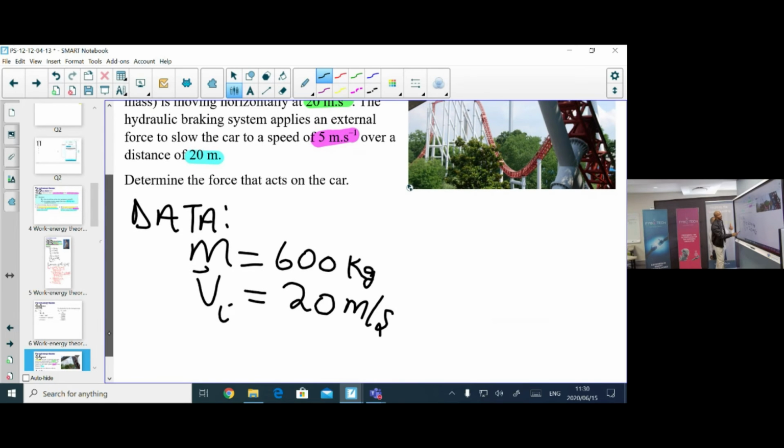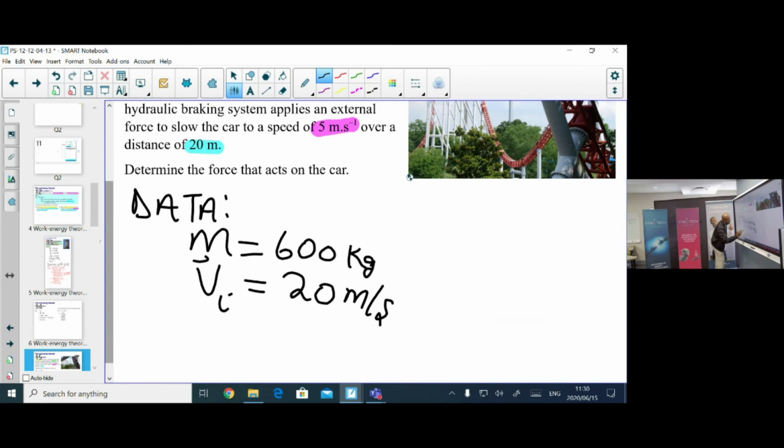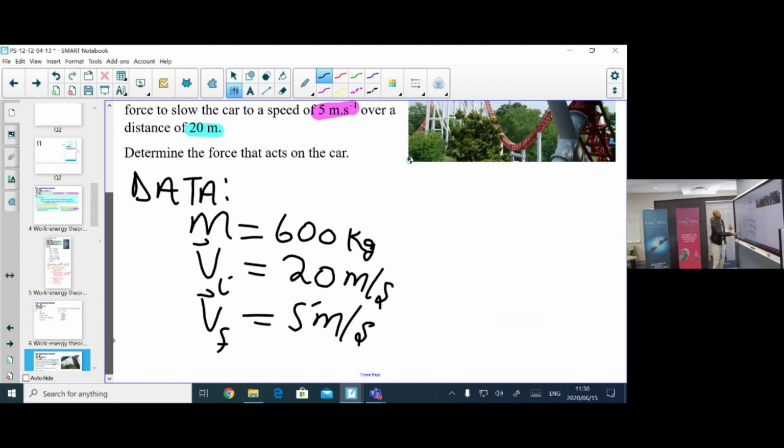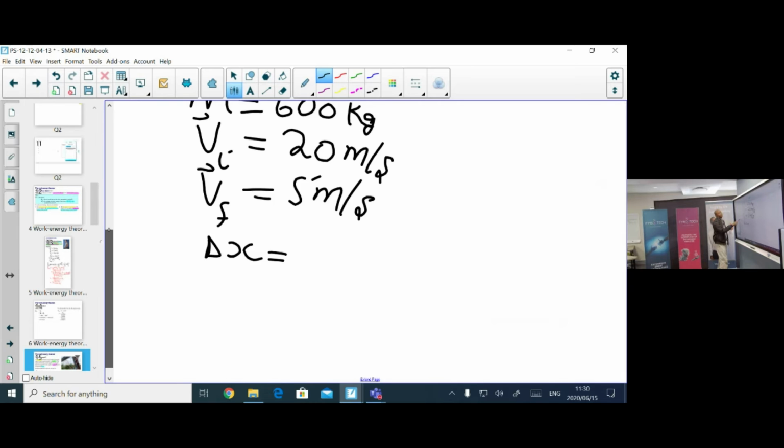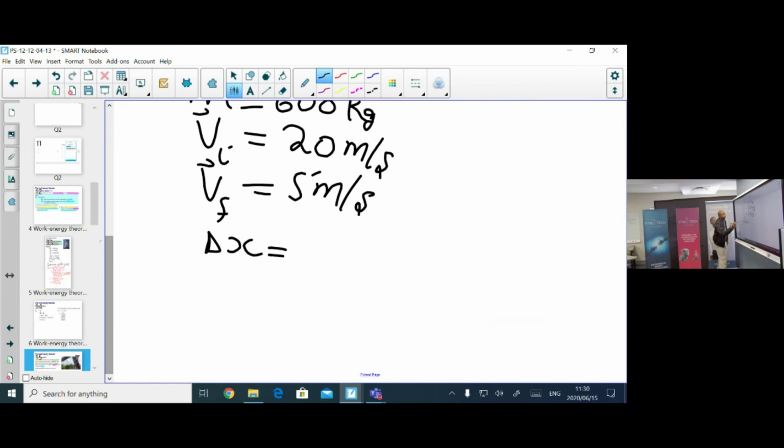We have the final velocity, V final, which is equal to 5 meters per second. Okay. A distance there, let me extend my page. A distance there, that is change in x, which is equal to, you can use change in x or s. We know that that is the displacement or distance covered. All right. If you can just look at that, we have 20. This is 20 meters.